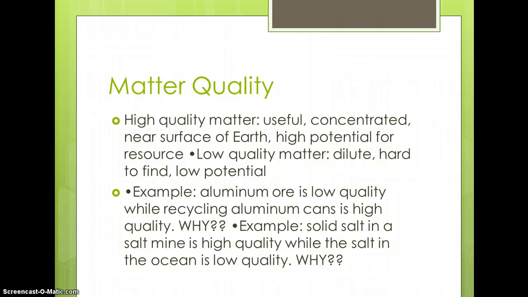Why? Because aluminum ore is hard to find, has low potential, it's dilute, whereas recycling aluminum is concentrated and easy to find as a resource. Another example, solid salt in a salt mine is high quality, while the salt in the ocean is low quality. Why is that?